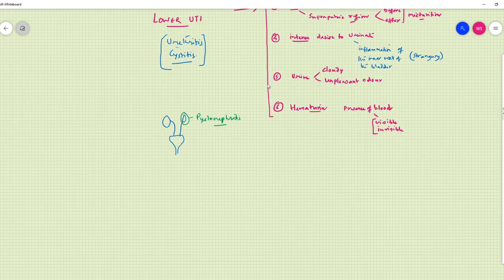In addition to the 6 clinical features that we have discussed, in pyelonephritis there will be fever, rigors, sometimes vomiting, hypotension, and pain in the loins.